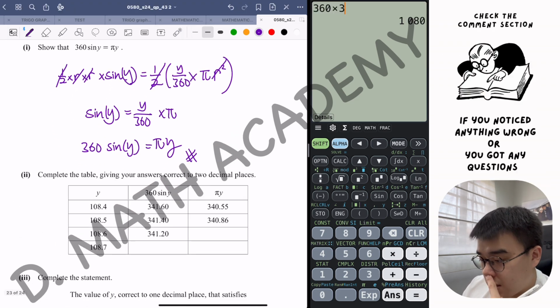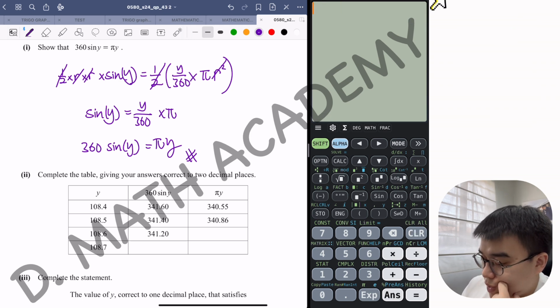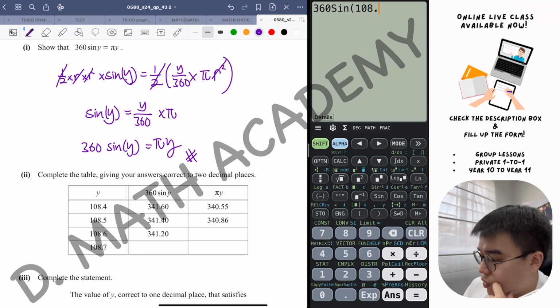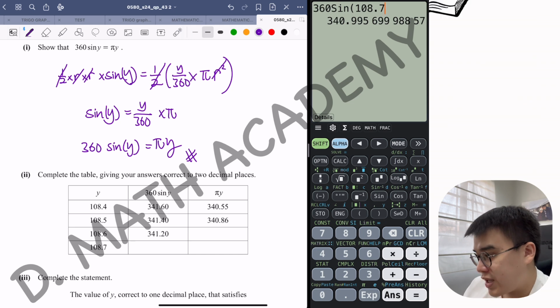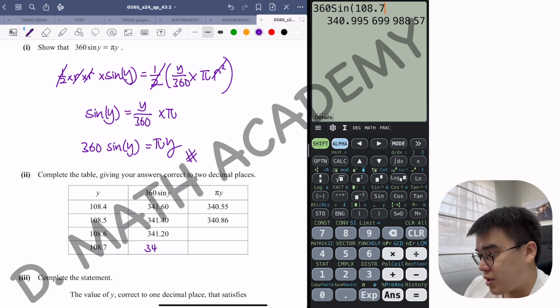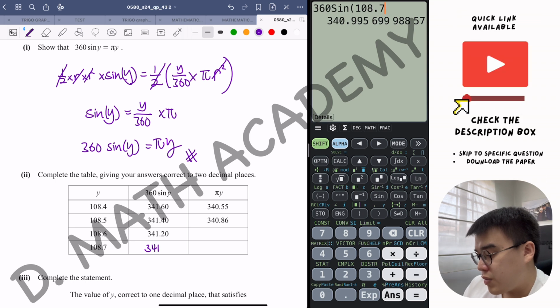Next thing, give your answer corrected to 2 decimal places. So they want us to key in manually 360 sine 108.7. If it's 2 decimal places, you will get 341.00.